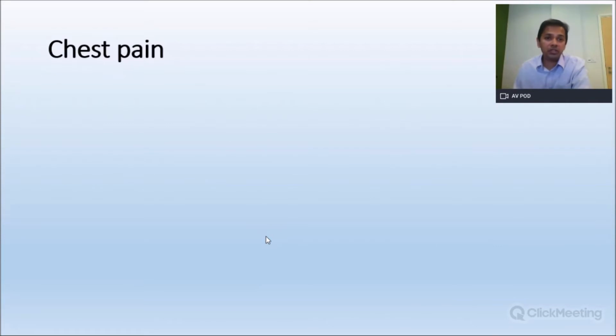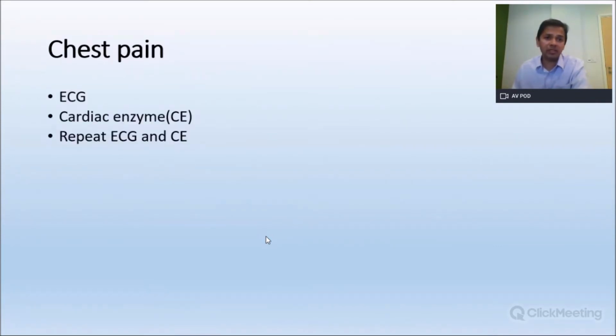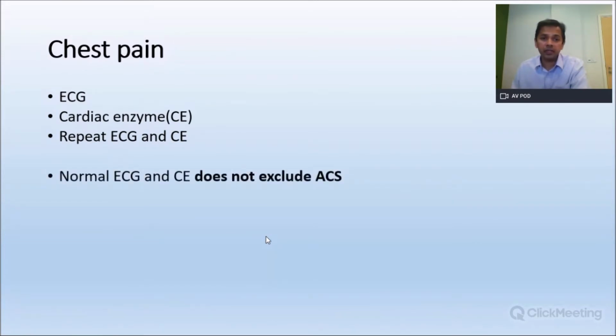So when you see a patient with chest pain, whether typical or atypical, you should do an ECG, and ideally cardiac enzymes. You should repeat the ECG and cardiac enzymes. Again, I just want to highlight that a normal ECG and normal cardiac enzymes do not exclude ACS.